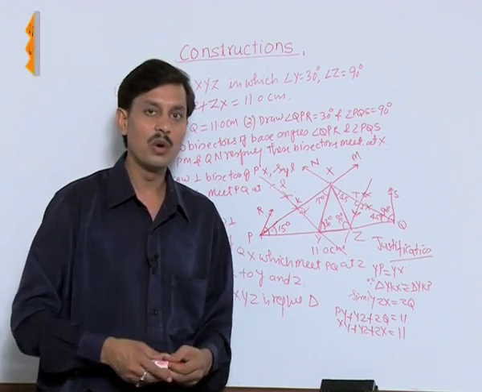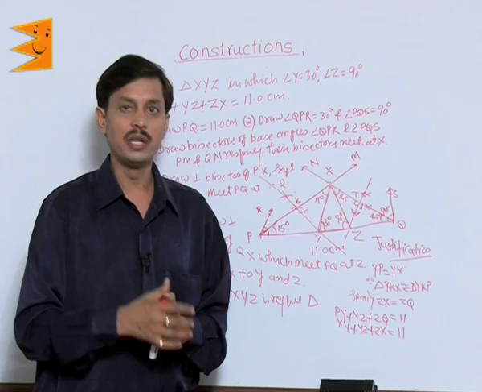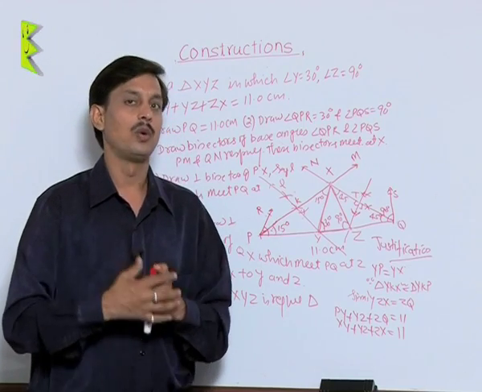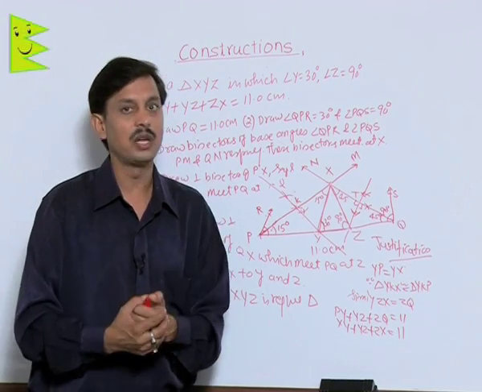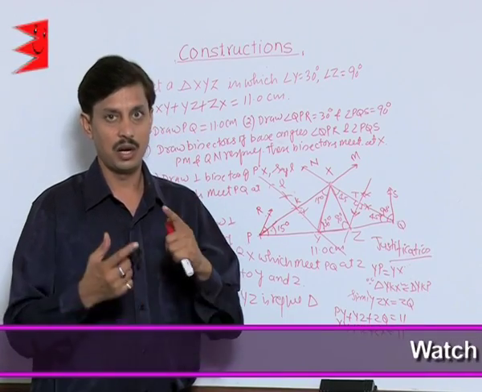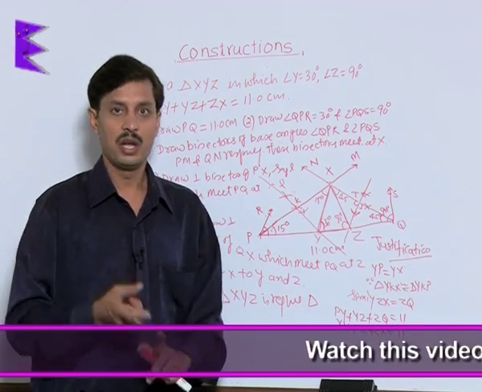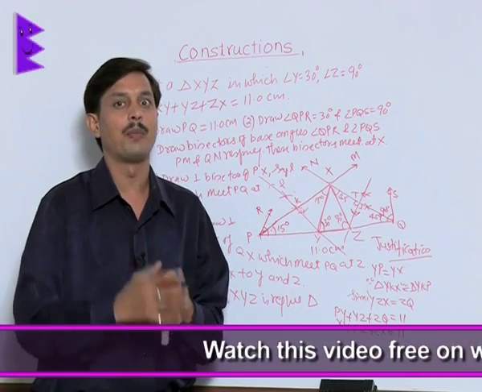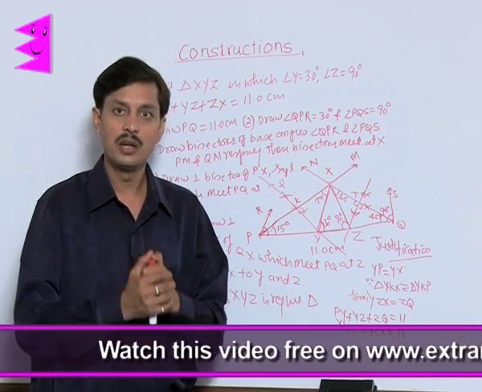I am giving you one more question which is really a brain buster. You can solve it and share the solution with us. How to construct a right isosceles triangle if the sum of base and hypotenuse is 6 centimeter.